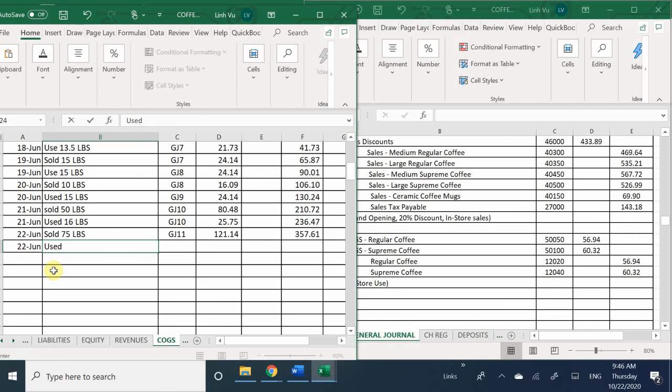How many pounds? 35.25 pounds. Okay. GJ12. 56.94. Bringing you a grand total.